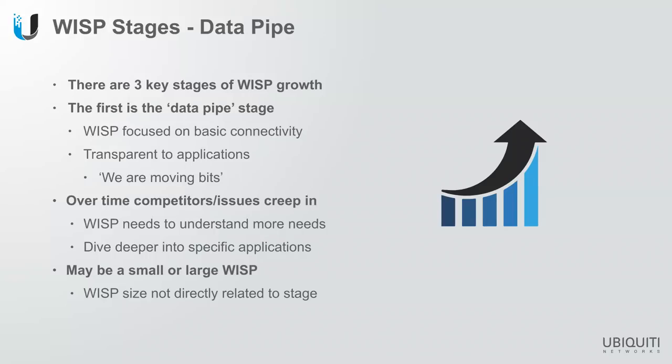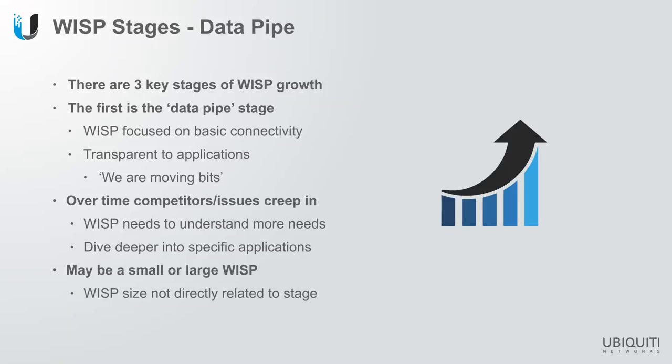For instance, you can have some small WISPs that are highly specialized and offer a large number of these value-added service offerings, and you can have a very large WISP that really just offers basic internet connectivity. It's not a judgment of whether one is good or bad. It's really a case of where you are with how comfortable you are with offering services to customers, what your customers actually need, how able to support them you are, all those kinds of things. But these are the 3 stages that I've identified over the years, and I think they're pretty interesting.